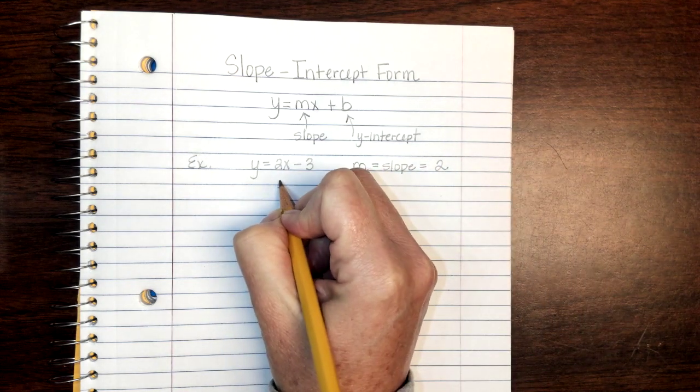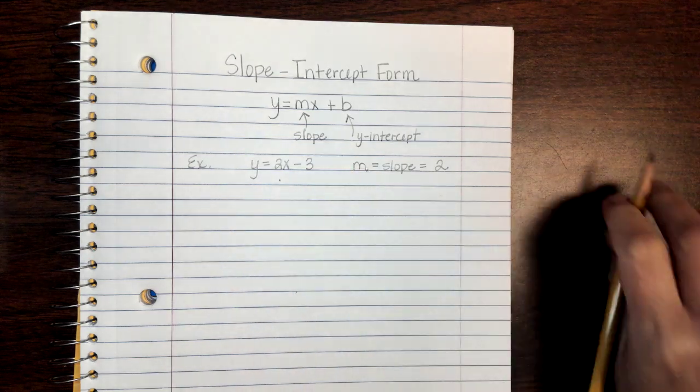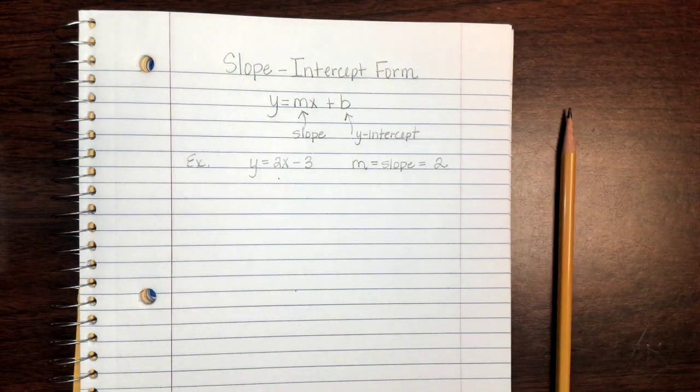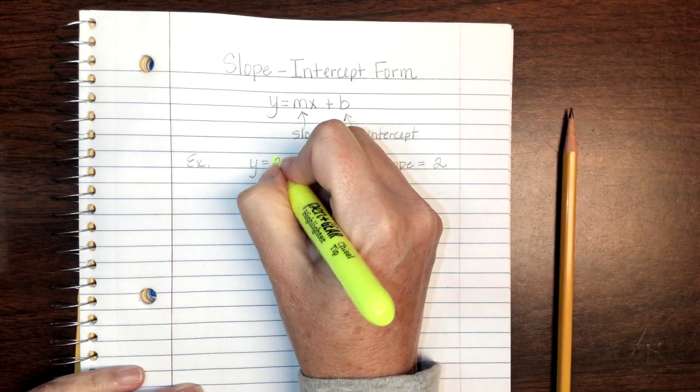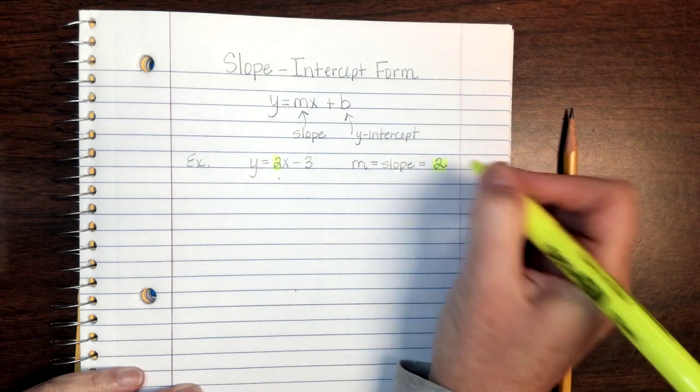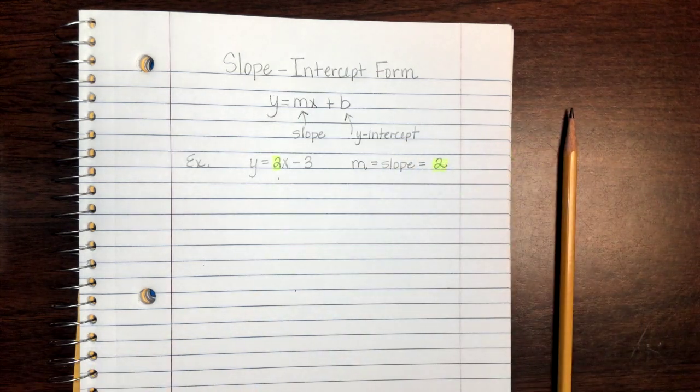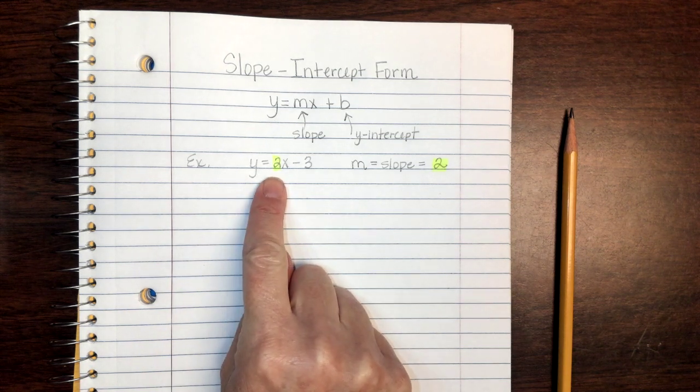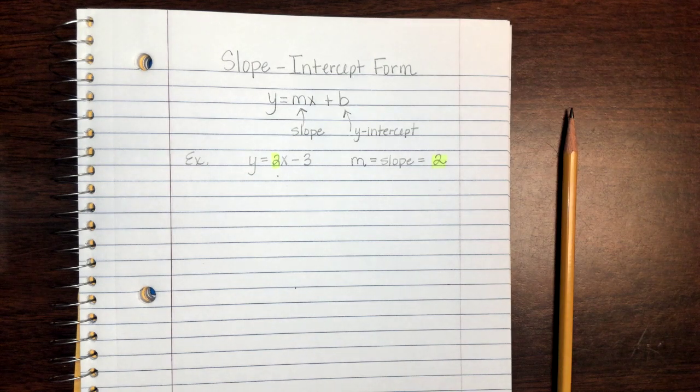Because the number in front of x, in this case, is 2. I'm going to highlight that so you can see where I got that answer. That number could be a whole number, a fraction, a negative or positive. So the number in front of x is always going to be your slope.